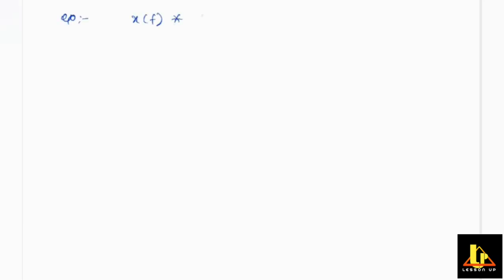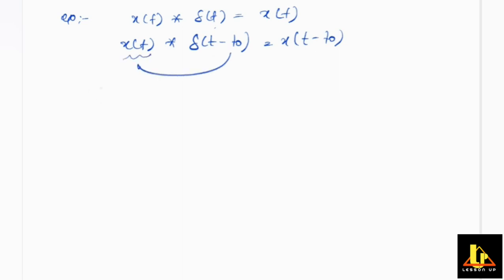If x of t convolves with delta t, you will get x of t. And if x of t convolves with delta t minus t naught, you will get x of t minus t naught. This t will get replaced by this. If x of t minus t1 convolves with delta t minus t naught, you will get x of t minus t naught minus t1.